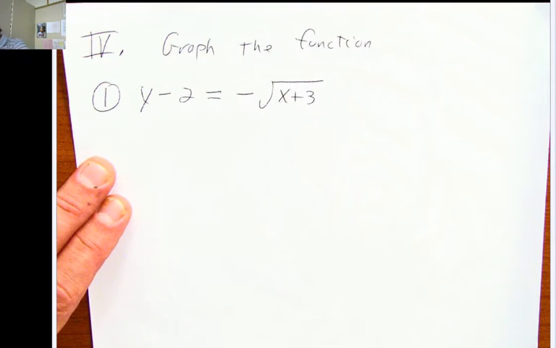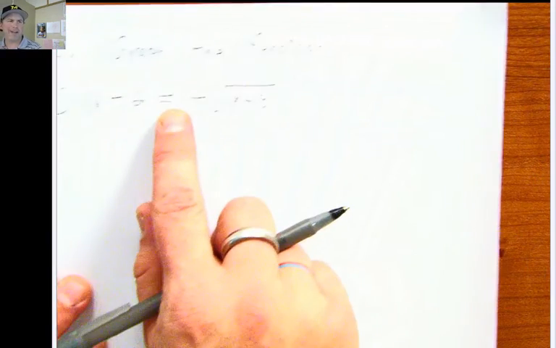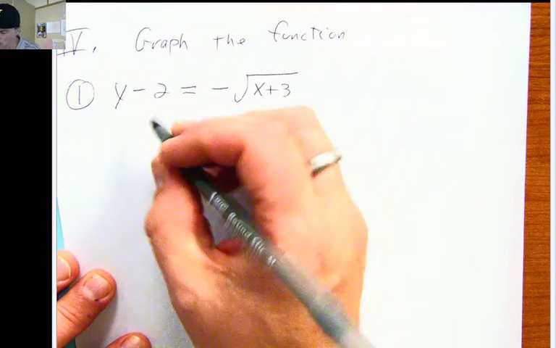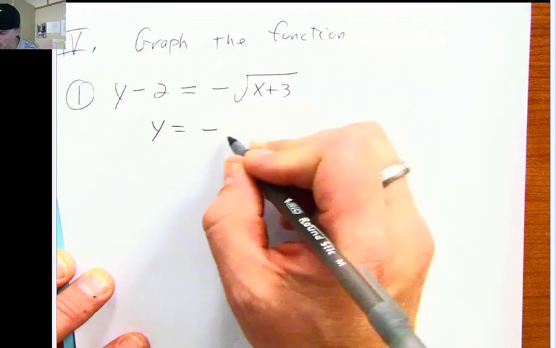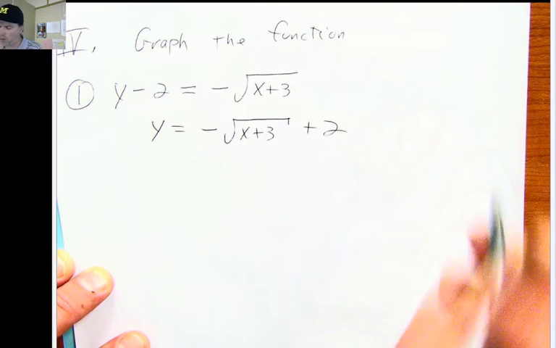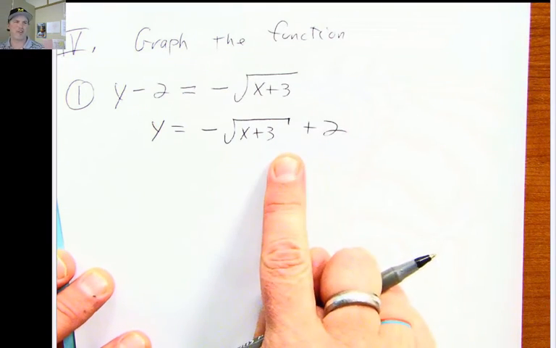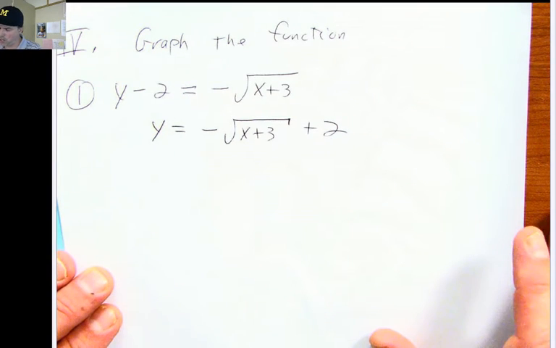First thing I'm noticing is that this graph is actually not in the same form that I normally present it in. So I'm actually going to do a little bit of algebra, and I'm first going to add 2 to both sides. I get negative square root x plus 3 plus 2 on the end. I like doing this little vertical thing on the end of a root to just show that the root's closed.